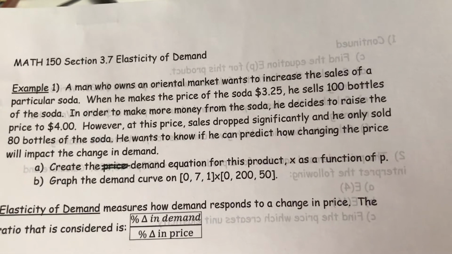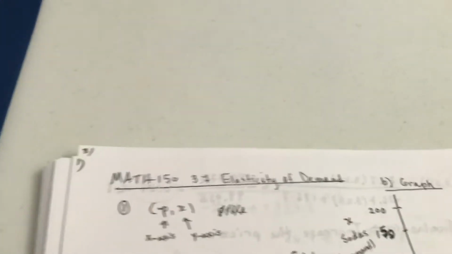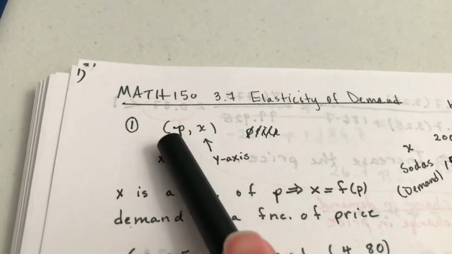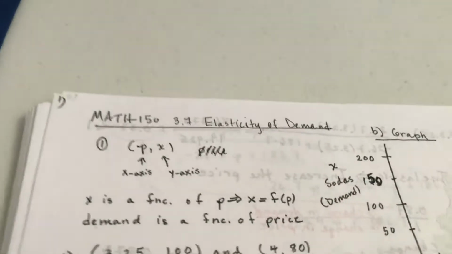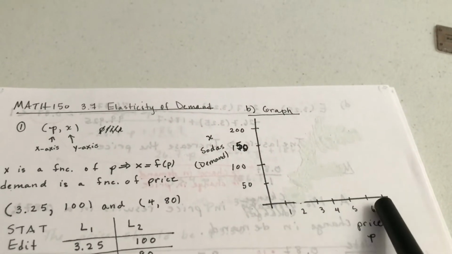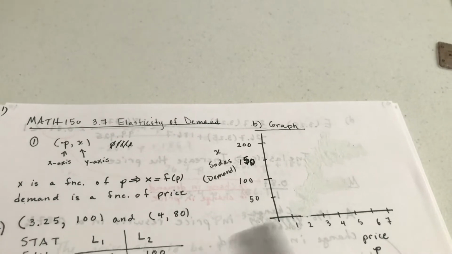So when x is a function of p, we're looking at the ordered pair p, x. Okay, this is backwards. And sometimes I just really have to go to the graph and note that the price is on the horizontal axis and demand is on the vertical axis.